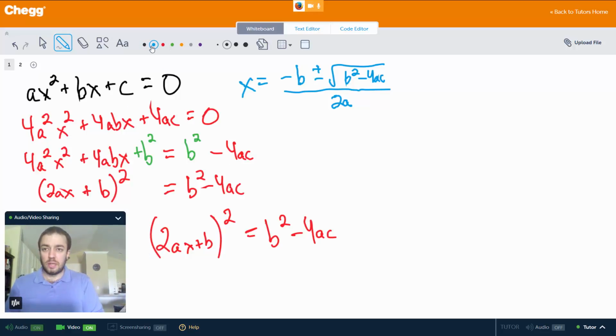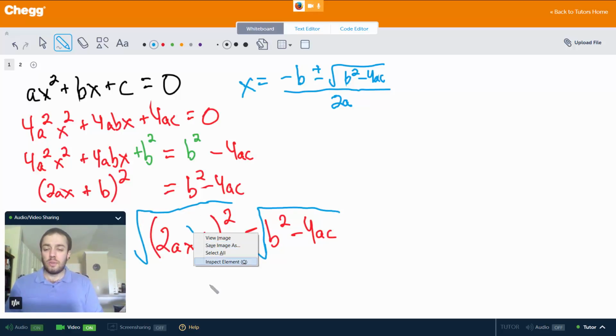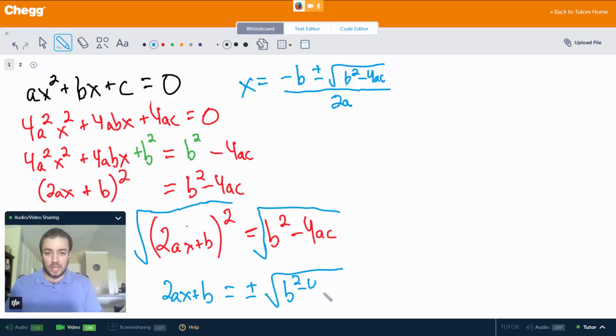On the left-hand side, the square goes away, and we're just left with 2ax plus b. On the right-hand side, we have to be very careful, because we're actually going to have plus or minus the square root of b squared minus 4ac.